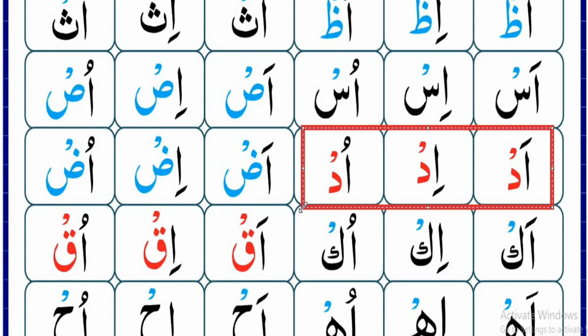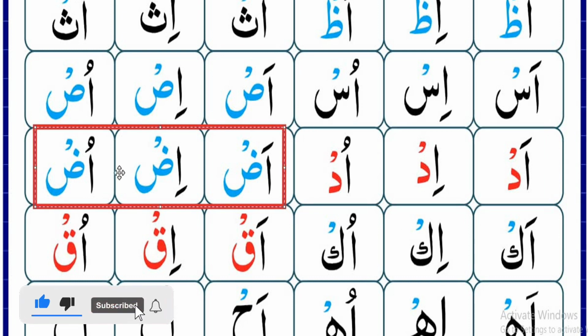That's the difference between reading a letter with or without qalqala. The next is ad, id, ud.